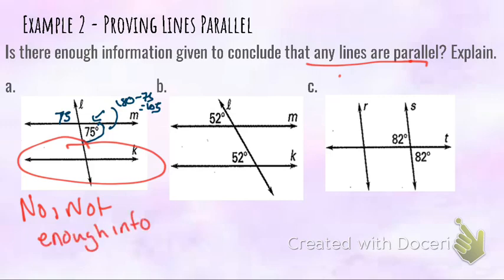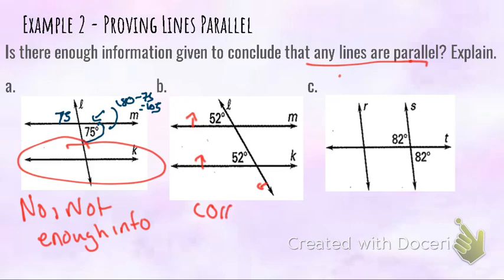Okay, next one. When you guys looked at this, what do we know about the two angles given? Is there a relationship there? What relationship is that? Well, we know that they're both on the same side of the transversal, and then they're both on the top side of their line, which means that they are in corresponding positions.